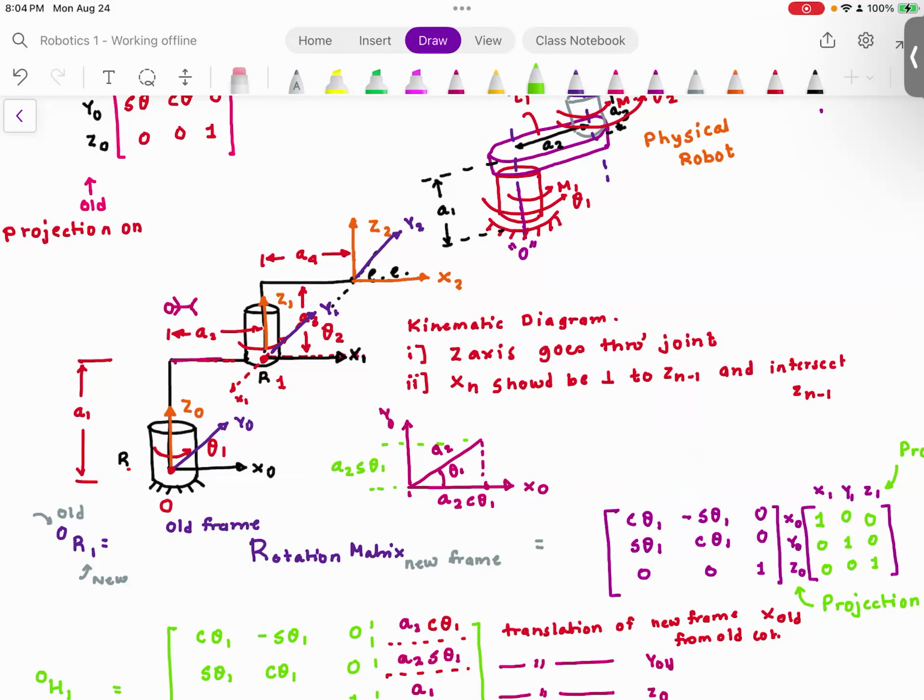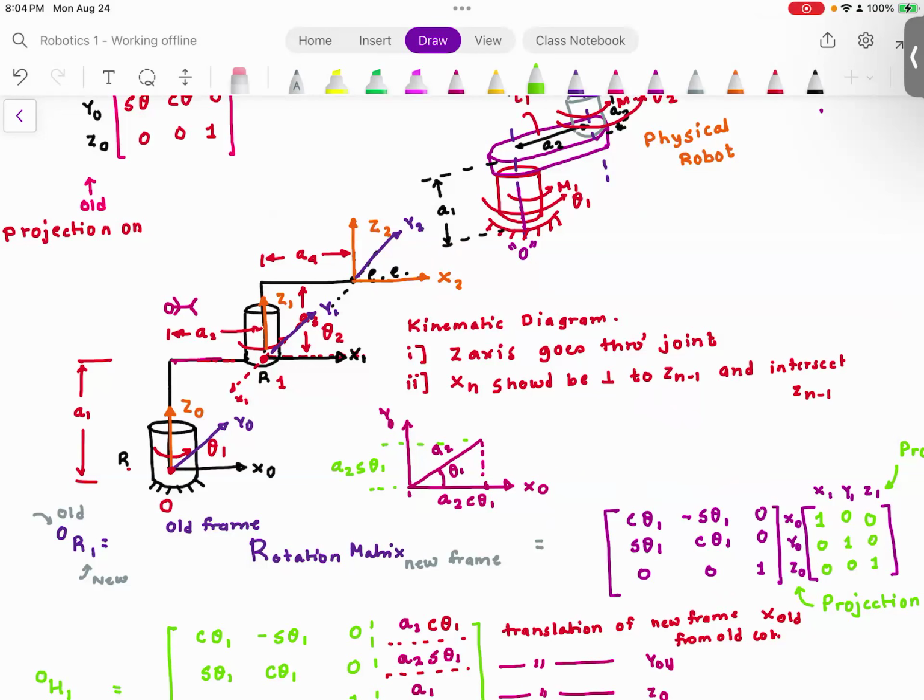Initially here, my new frame was x1. My old frame was x0, y0, z0. Now, since I'm going from 1R2, my old frame is going to be x1, y1, z1, and my new frame is going to be x2, y2, and z2.